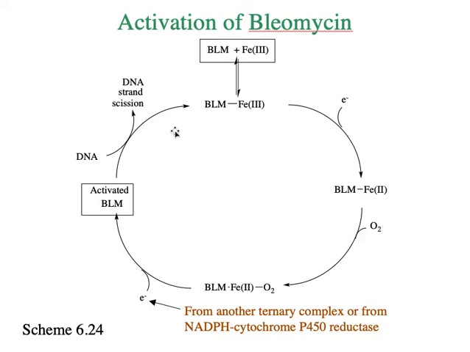The activation, so what bleomycin is going to do again is it's going to generate radicals, and this strand scission means they're breaking DNA strands. So I would say here this should be the bleomycin plus iron 2 is probably going to, well, I guess it needs to be iron 3 in the beginning. Anyways, no comment.